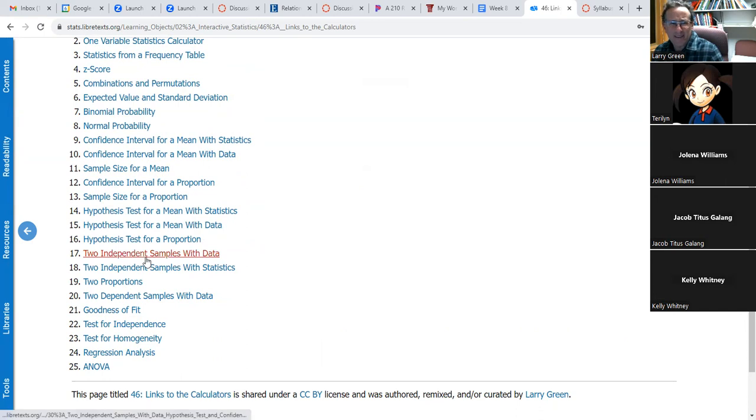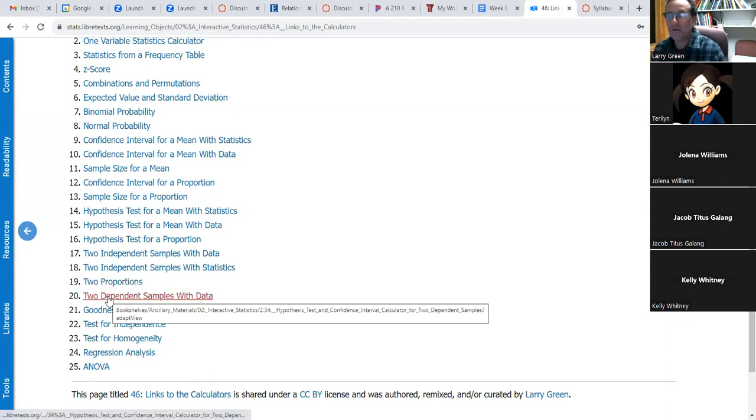Okay, so the samples are not independent. So it's not two independent samples with data because these are dependent. This is two dependent samples with data, or number 20. Is that clear? Because when it's paired, it's dependent.